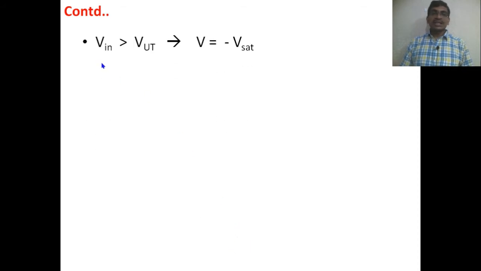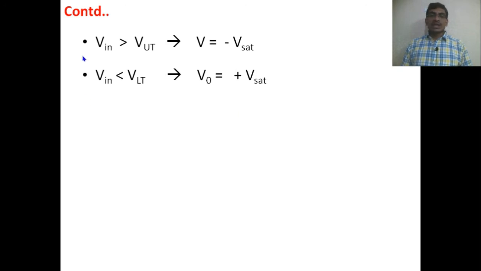Let us see, when Vin is greater than the upper threshold voltage, output voltage is equal to minus V saturation. When Vin is less than the lower threshold voltage, the output voltage is equal to plus V saturation. Same equations as we derived earlier, but instead of V reference, we just changed it to upper threshold voltage and lower threshold voltage.